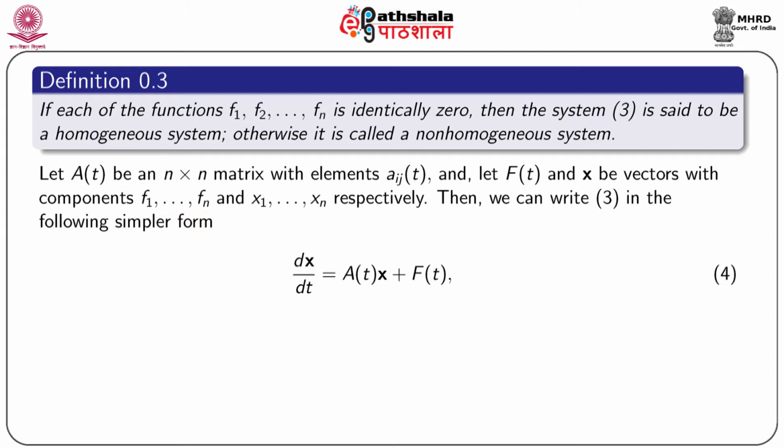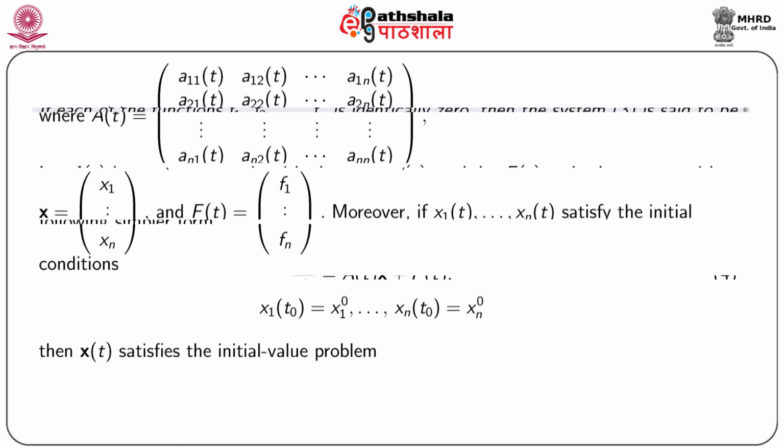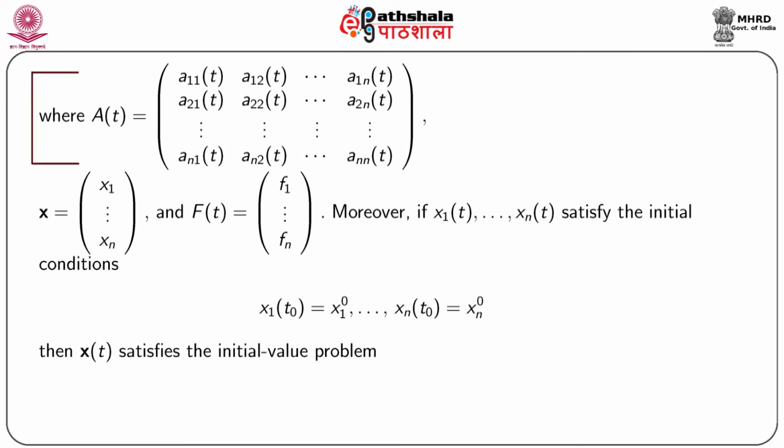Then we can write 3 in the much simpler form: dx/dt is equal to A(t)x plus f(t), given by equation number 4, where A(t) is the matrix a11 a12 ... a1n, a21 a22 ... a2n, ..., an1 an2 ... ann. All the aij's are functions of t. X is the vector x1, x2, ..., xn and f(t) is the vector f1, f2, ..., fn.